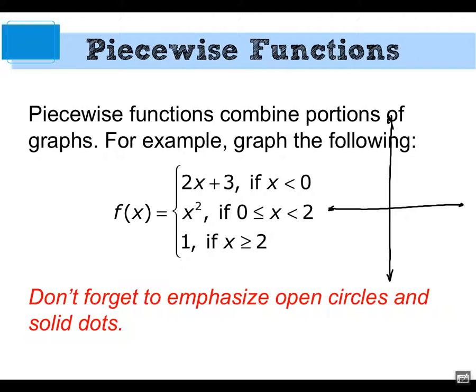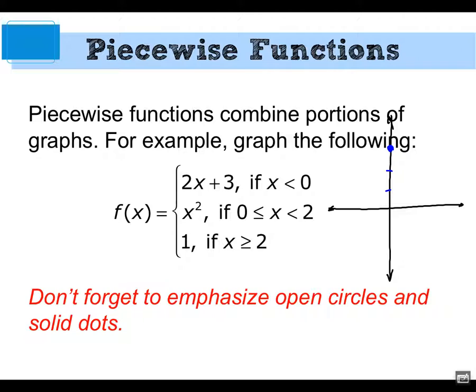So we'll start with the top function, 2x plus 3. What can you tell me about the graph of 2x plus 3, Caroline? It's a line, and the y-intercept is 3. Perfect. 1, 2, 3, y-intercept of 3. I could go up 2 and over 1, but I don't want that part of the graph.